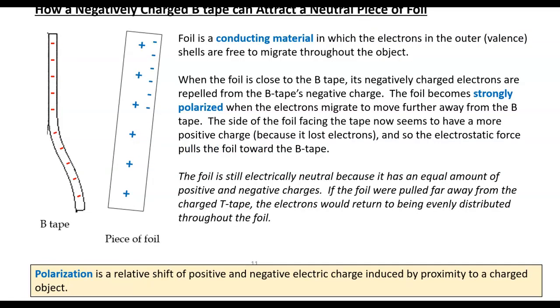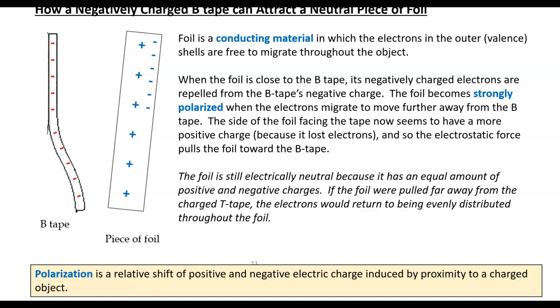other. The other situation is how a negatively charged bottom tape can attract this neutral piece of foil. So now the free electrons in the foil are repelled by the negative charge of the bottom tape. And so they migrate as far away from the bottom tape as they can get. They're going to the upper right-hand corner of this piece of foil.